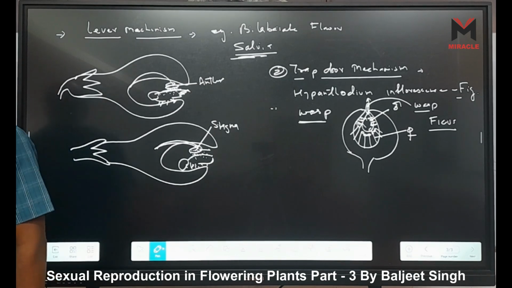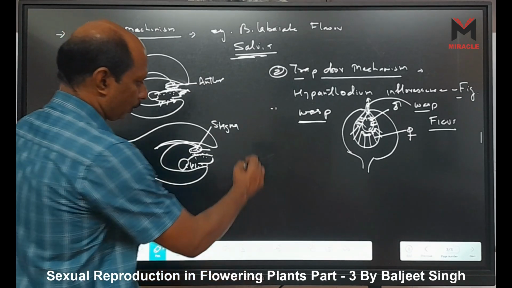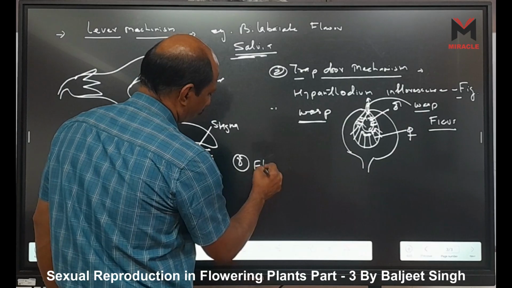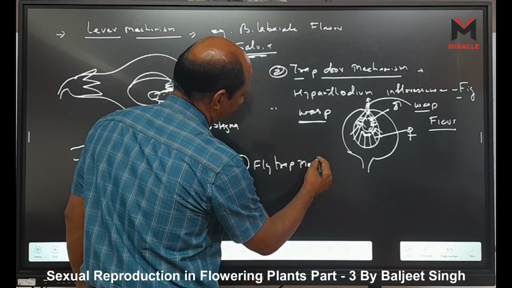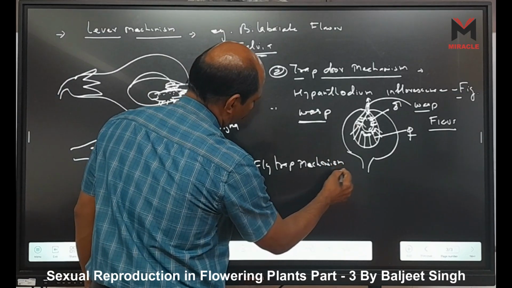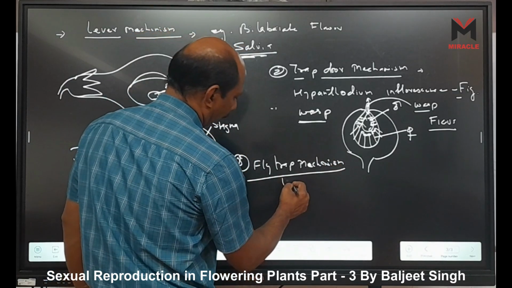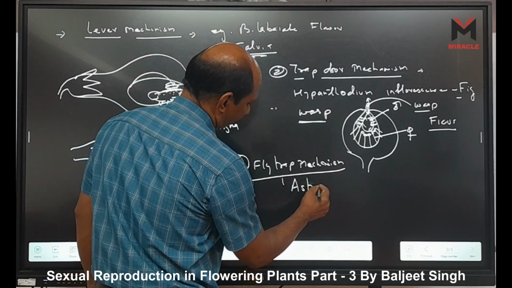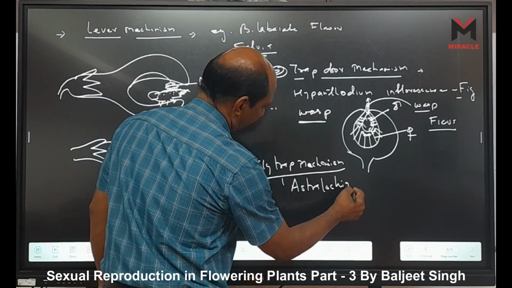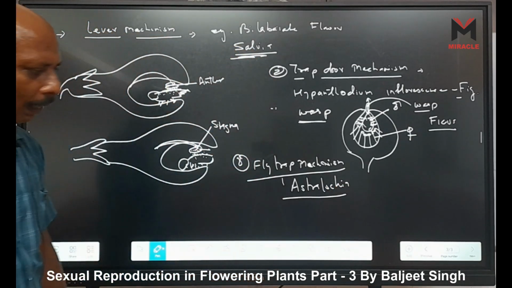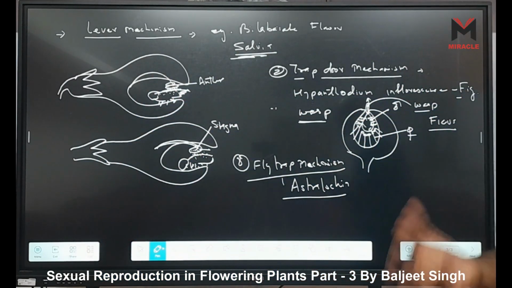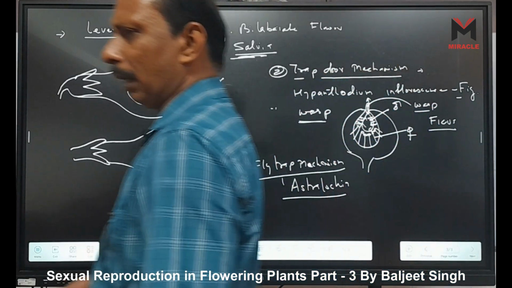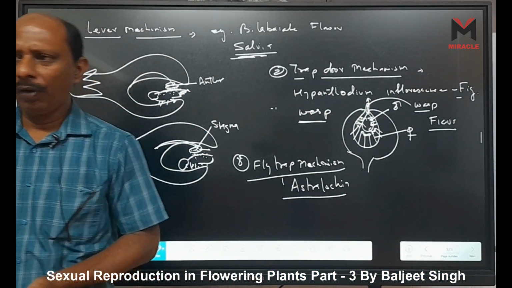Okay. Another one is our fly trap mechanism. Third one is our fly trap mechanism. It is present in Aristolochia. Here what happens? When an insect comes, it falls down inside the flower. When it falls down inside the flower, it is arrested like a prisoner inside the flower, right?